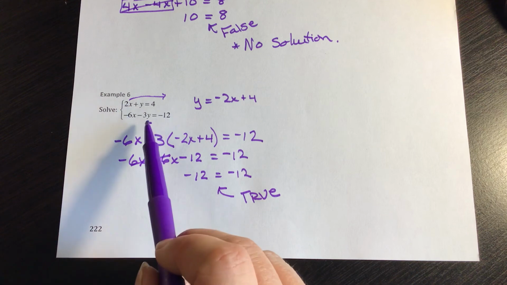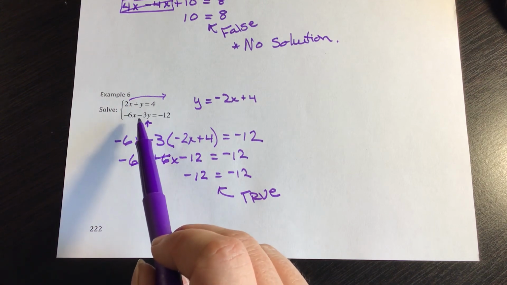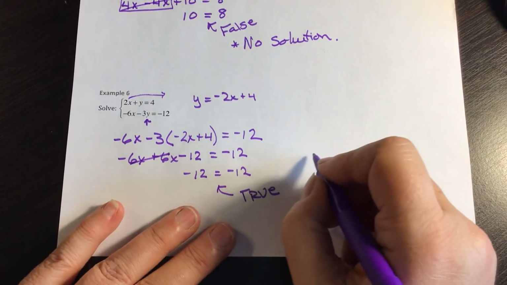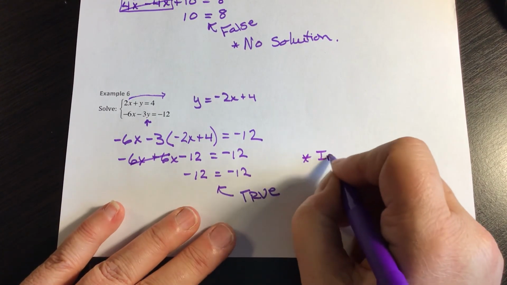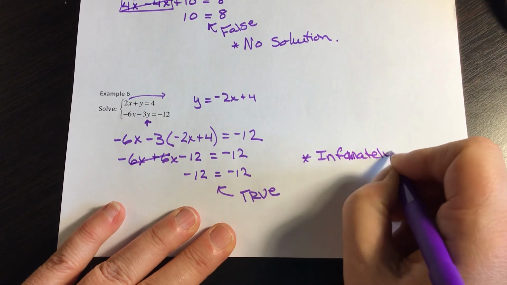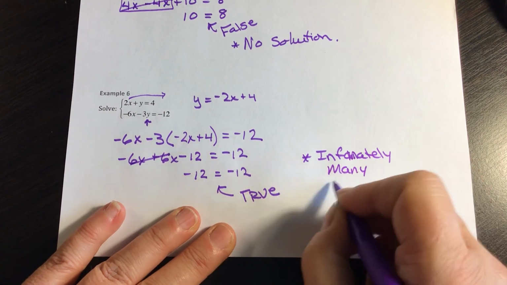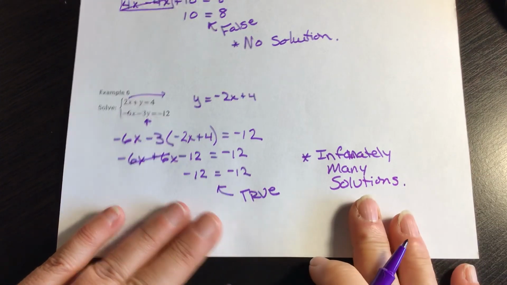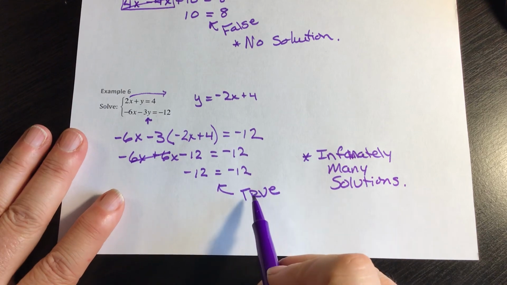So any point on that line would be a solution to the systems. So this has infinitely many solutions. Okay, so it has lots of solutions.